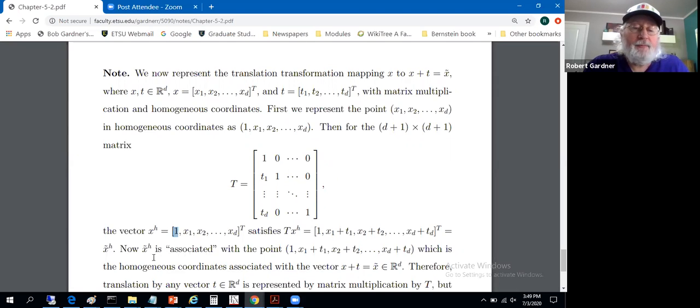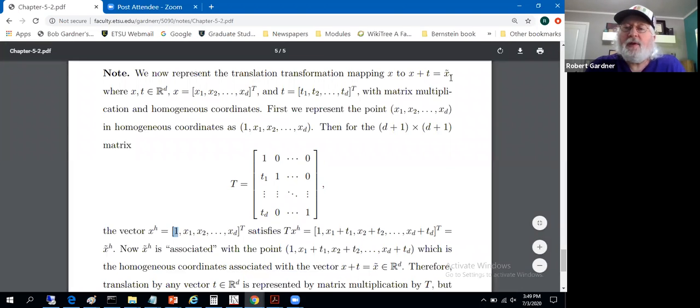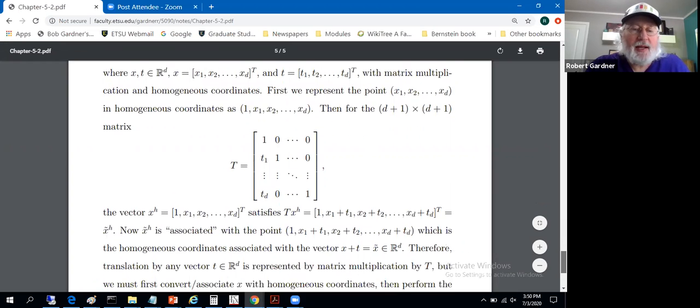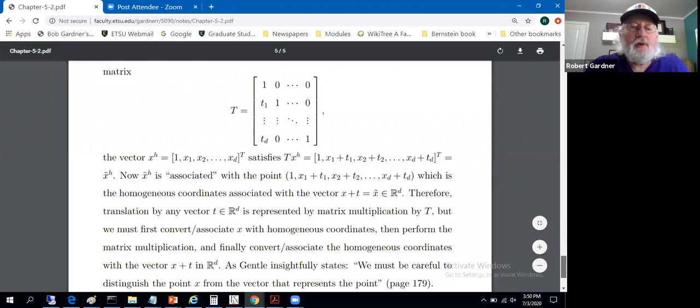Now, the problem is that vector lives in R^(d+1). We want to talk about a vector in R^d. We're trying to get to this vector up here. We're trying to simply translate vector x by adding the vector t to it, adding these components to the components of x. And we're trying to do it with a matrix multiplication. So that's how we got into this situation. Okay, so we've got the x tilde h.